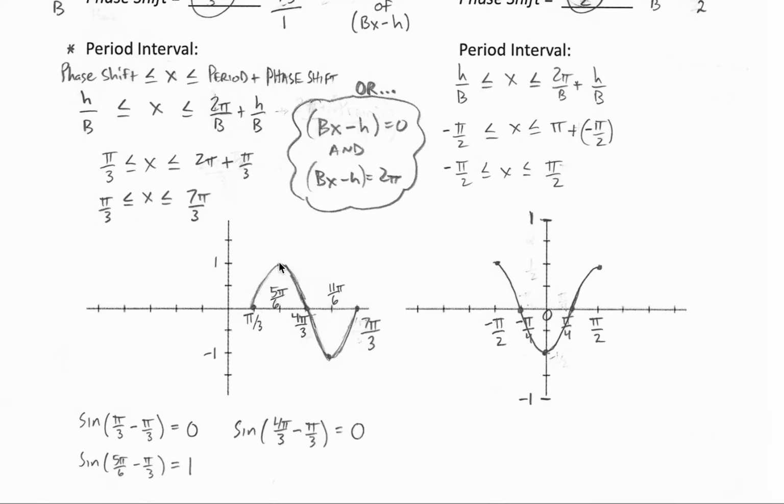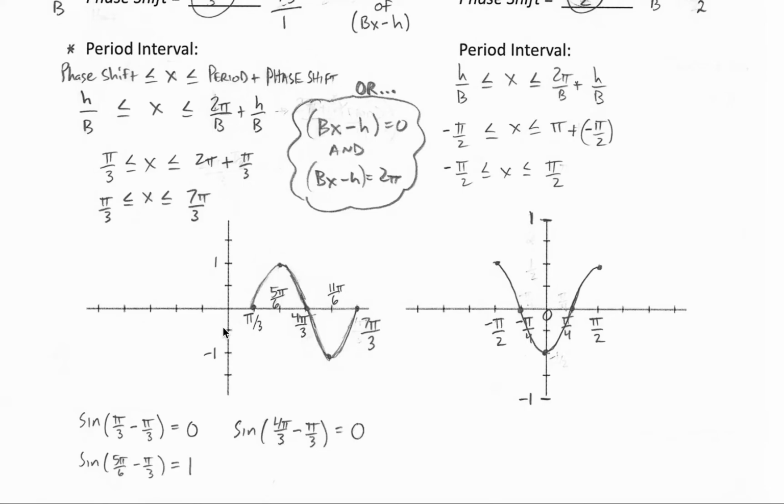It goes up to the maximum at its second key point, then back to the midline. Then it goes at the next key point down to the minimum value, and then back up to the midline again. So your sine graph will always behave like that, using your 5 key points. As long as you know that behavior, all you got to do is plot and connect the dots. Make sure that you connect them with rounded curves and not straight lines.